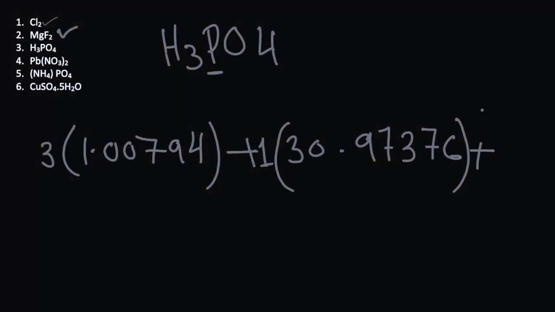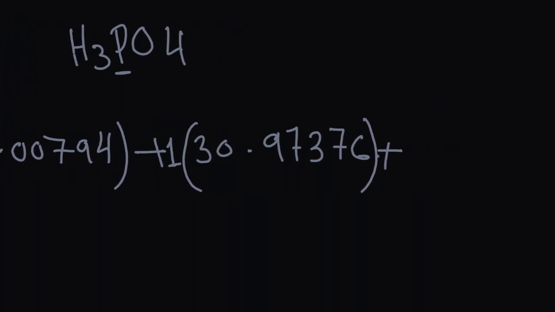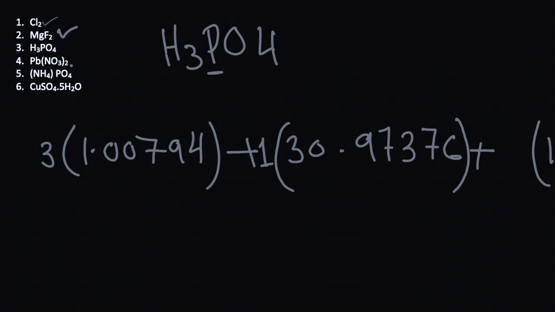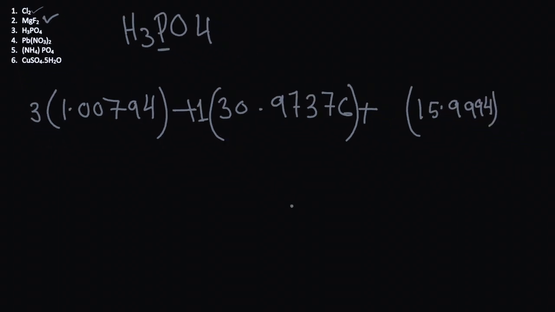Then I write plus, and then I write the atomic mass of oxygen, which is 15.9994. But remember again, I have to times this with 4 because I have 4 moles of oxygen. At the end, I have to add all of them together.